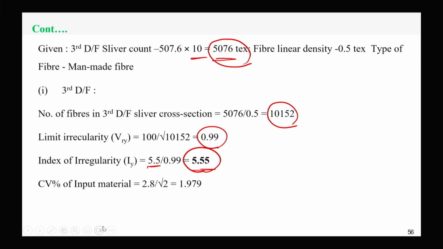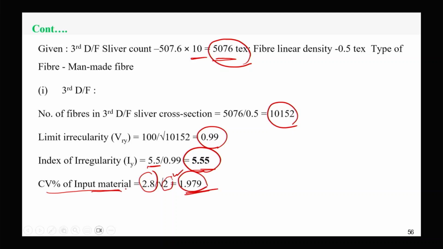and as the number of input material at the third draw is 2, is a doubling, and 2.8 was the CV of sliver, input sliver. So this is the total input material.